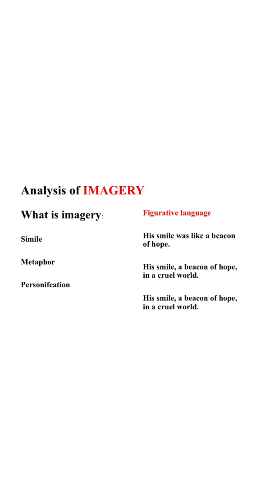And here are examples of all those three things, just to remind you. A simile, you're using like or as. So if I say his smile was like a beacon of hope, now that's a simile. If I was to change it slightly and say his smile, a beacon of hope in a cruel world, then that's a metaphor.